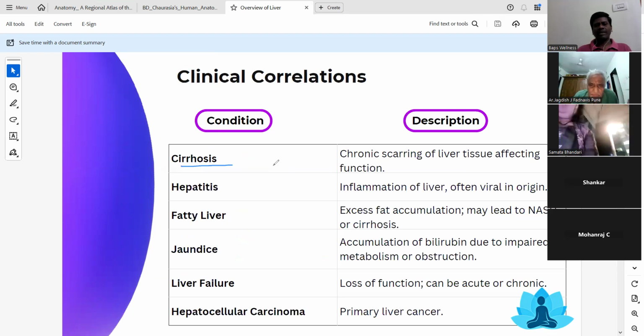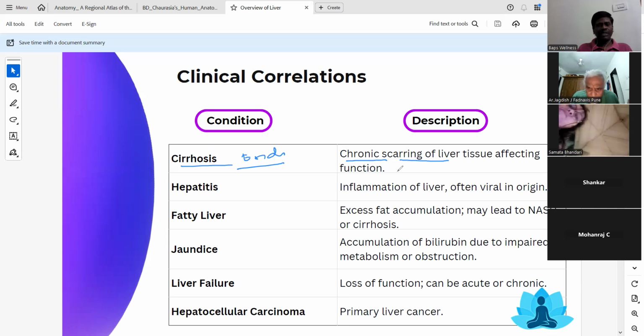One is commonly cirrhosis, at the terminal stage, end stage, almost an irreversible condition. It's a chronic condition. It does not happen all of a sudden. Acute failure may be there, but acute cirrhosis cannot be. It's a chronic condition where the liver tissues are permanently damaged.